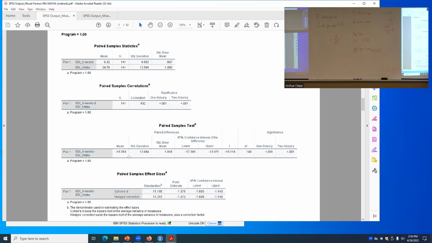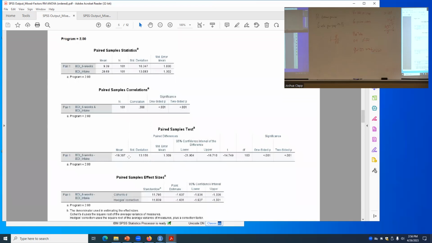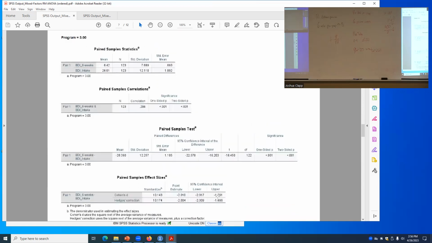Okay, so this is what we've got for the first group. Program 2, same thing. Here we've got a reduction of close to 20 points, right? With our lower and upper bound, we've got a point estimate of over 1.5 standard deviation decrease, so impressive stuff for program 2. And for program 3, again we've got a 20-point change, with upper and lower bounds for data-supported population estimates.